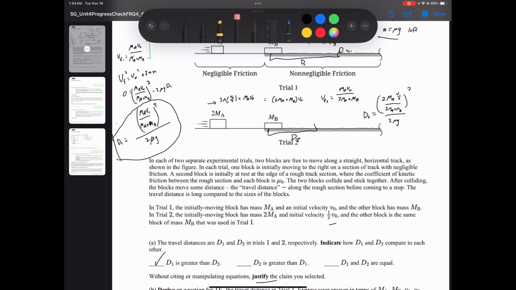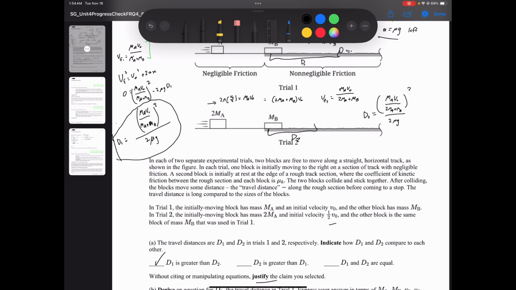We talked about this earlier: the 2ma v naught over 2 just comes out to ma v naught. So the numerators are going to be the same, but the denominators are going to be different, because it's a complex fraction.